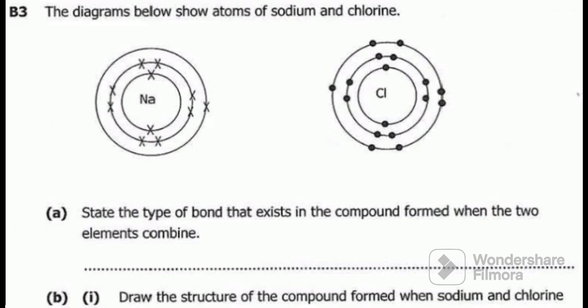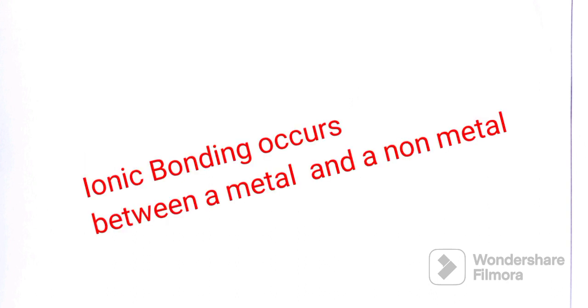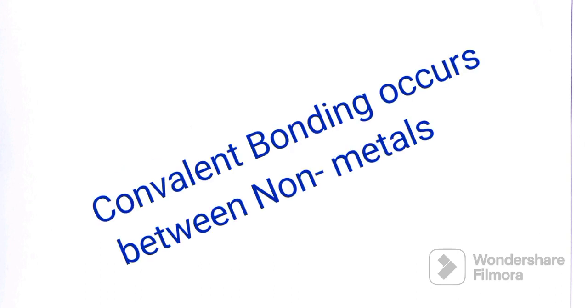We have 2 prominent types of bonding. The first one is ionic bonding, and the second one is covalent bonding. Ionic bonding is the type of bonding that occurs between a metal and a non-metal, whereas covalent bonding is the type of bond that occurs between non-metals.